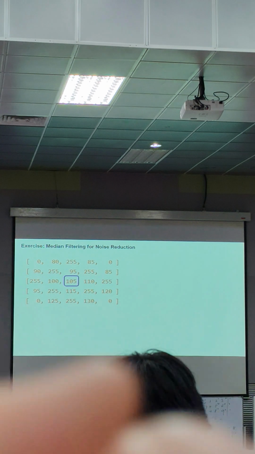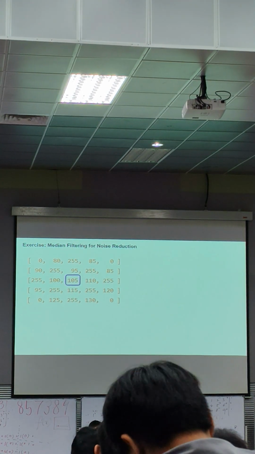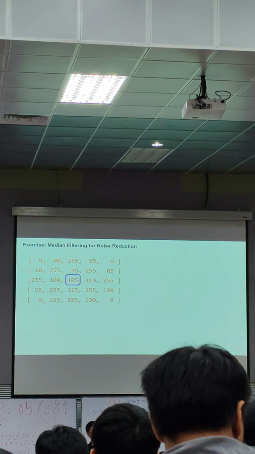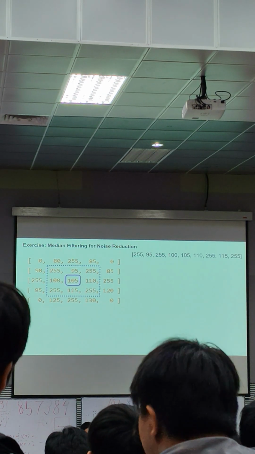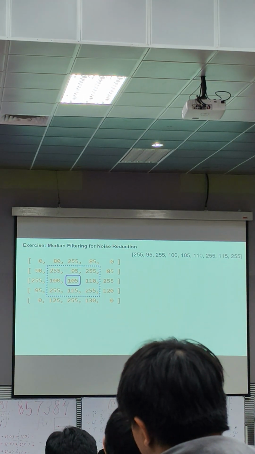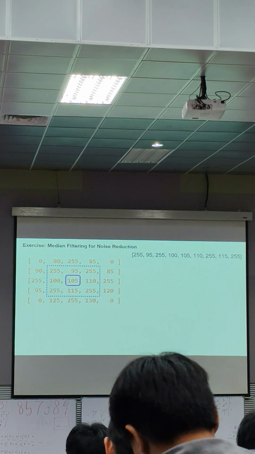Let's say we wish to calculate the pixel value of this image at this particular location, 105. So I take a kernel 3 times 3, and that is the value.